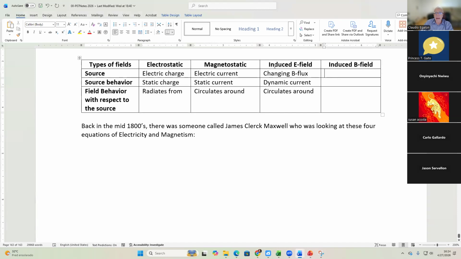Why is it that a change in magnetic flux induced an electric field? And if a changing magnetic flux induces an electric field, shouldn't we have a changing electric flux to induce a magnetic field? That was the question that he was asking.